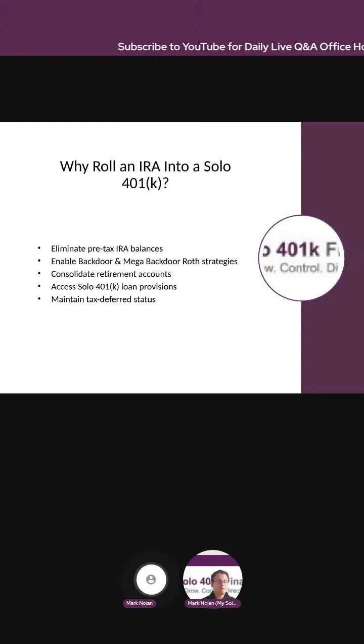Here at My Solo 401k Financial, we'll prepare those solo 401k loan documents, and we don't charge additional fees for preparing them. You're also going to maintain full control of your solo 401k without resulting in taxes when you transfer that IRA to the solo 401k.